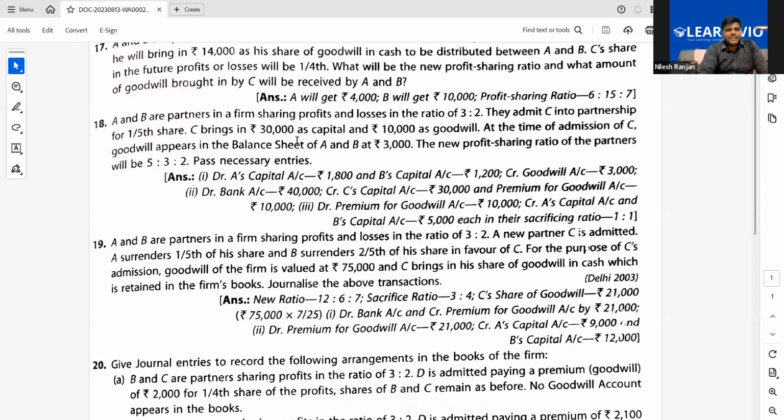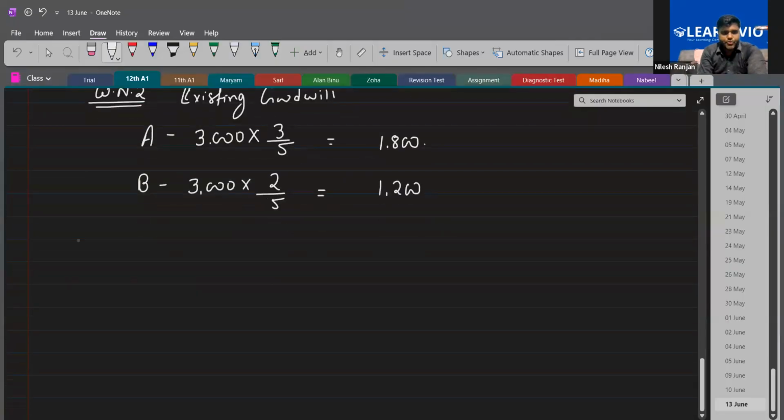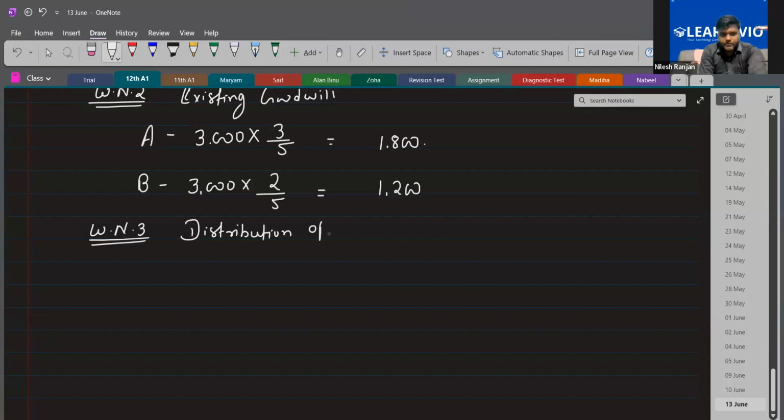Okay. Then C brings 10,000 as goodwill. C's share of goodwill is 10,000 and it should be distributed between the partners. So working note number 3, distribution of premium for goodwill, or you can simply write premium for goodwill.